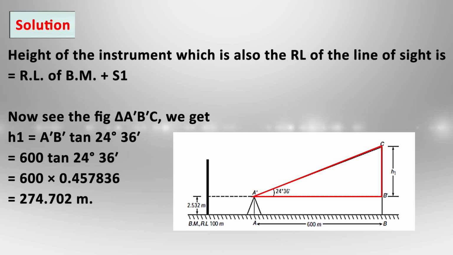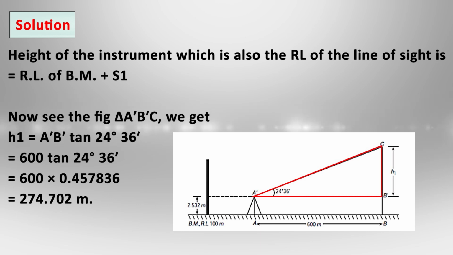So the height of instrument is equal to RL of the line of sight, which is RL of the benchmark plus staff reading at that point. It is already given as 2.532 and RL of benchmark is 100.